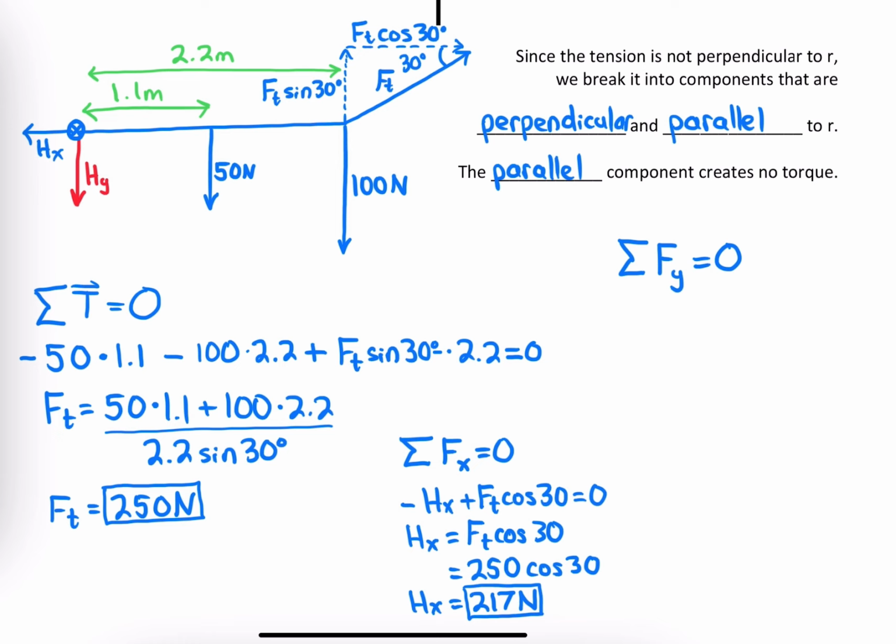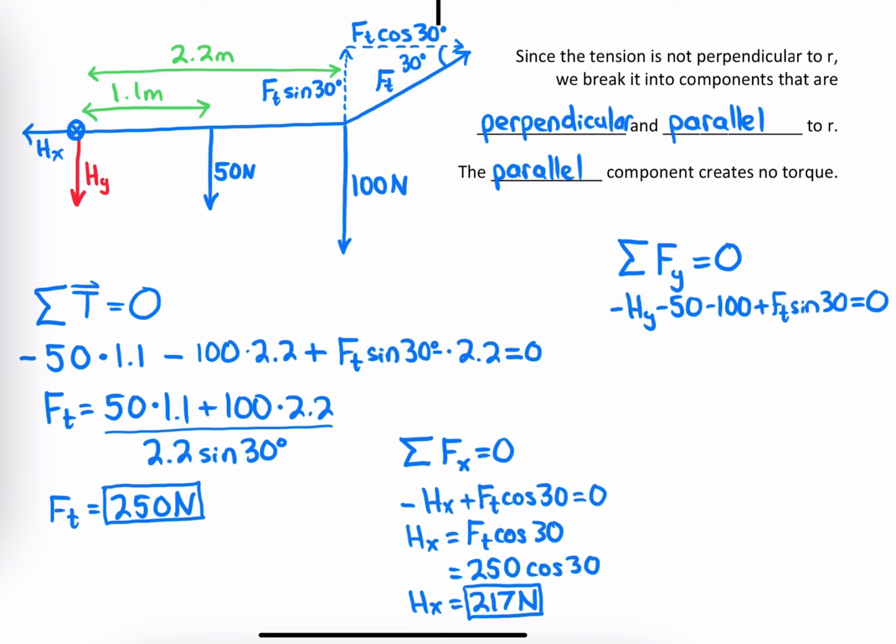So negative Hy minus 50 minus 100 plus FT sine 30 equals 0. I'm going to help solve for Hy by moving it to the other side, so it'll become positive.